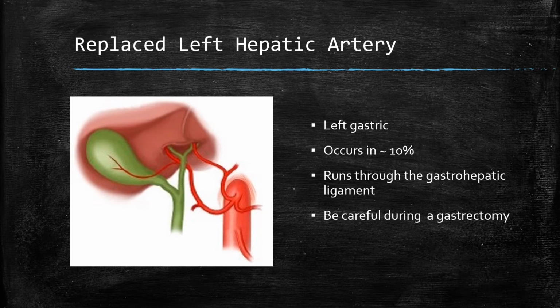Many patients will tolerate this, but anyone with a degree of cirrhosis might have some problems. Both a replaced left hepatic artery and a replaced right hepatic artery also can exist as accessory vessels. In other words, the main trunks are present and the replaced vessels are accessory vessels to just a part of the lobe.